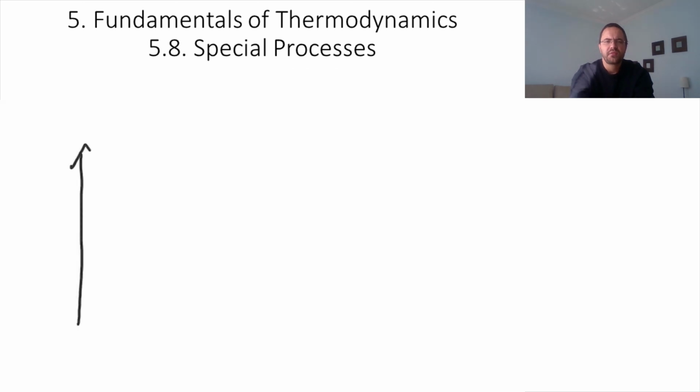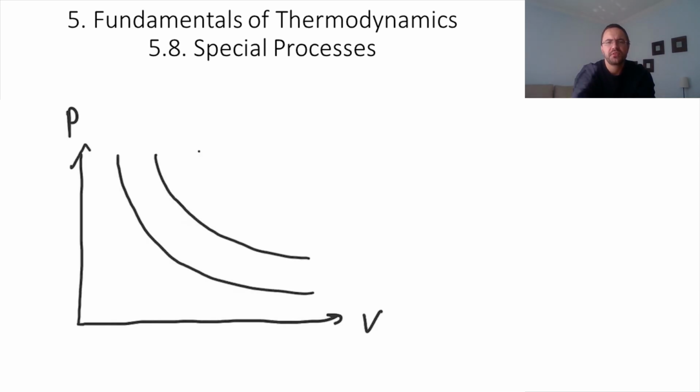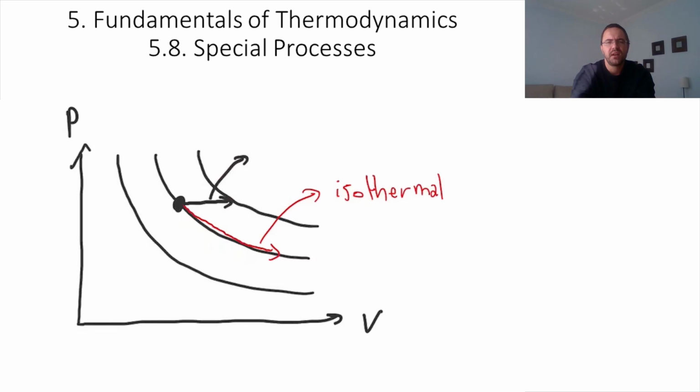Now, let's summarize all the special processes on a PV diagram. We can draw a few curves at constant temperature, and we call those isotherms. And let's consider a starting point. For an isothermal process, it will follow one of the isotherms. For an isobaric process, we have a constant pressure.